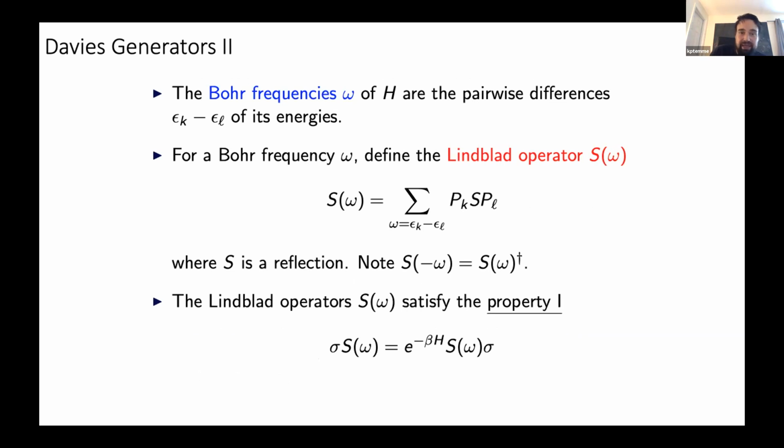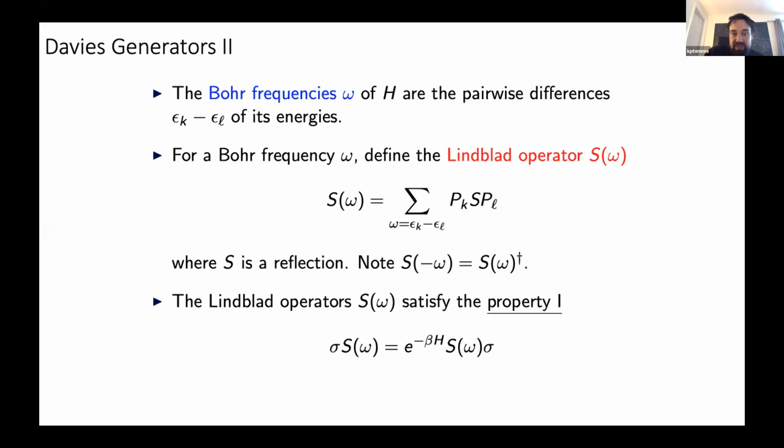In our case, to make life easier for now, we're just going to declare S to be a reflection, meaning it's unitary and Hermitian, so it satisfies both criteria. It has a certain symmetry relationship: S minus omega is S omega dagger, which is basically the property that I alluded to earlier that we need in general for the reversible or detailed balanced Lindbladians. And also, oh, there's a typo, e to the minus beta omega.